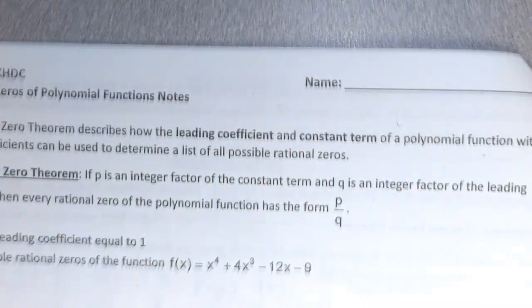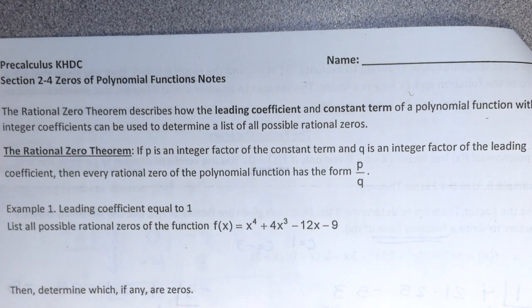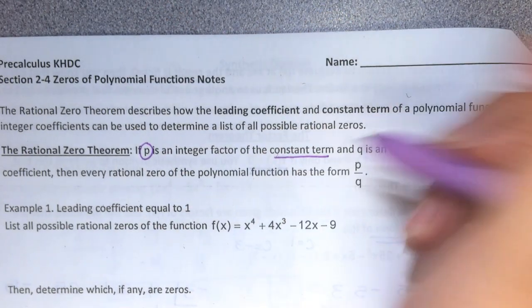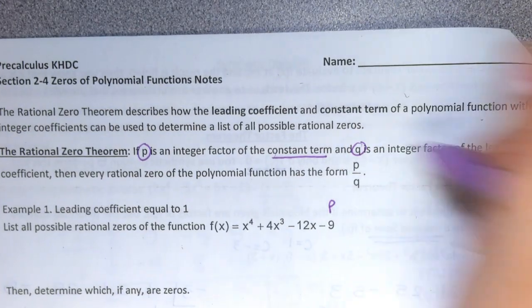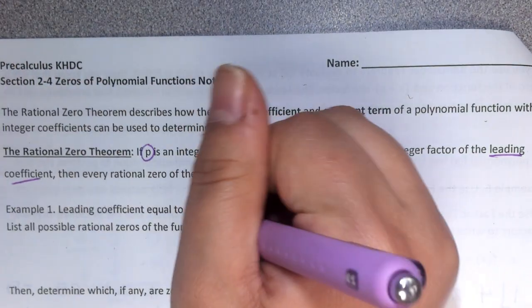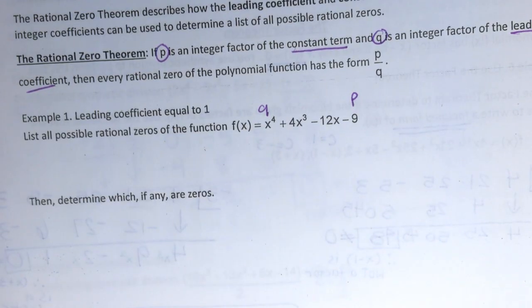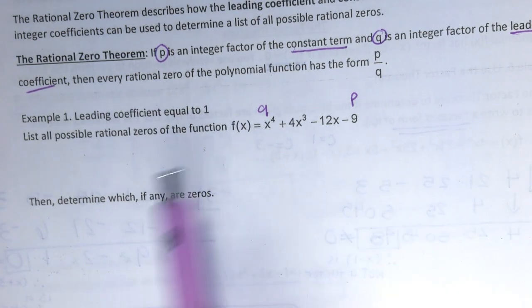Okay, remember yesterday we learned the rational zero theorem. It says that if you have P, your constant, and Q, your leading coefficient, you need to write all the factors of these. I'm just going to go over it again.